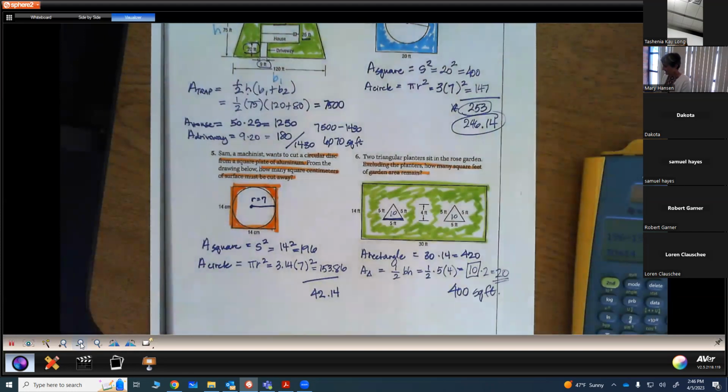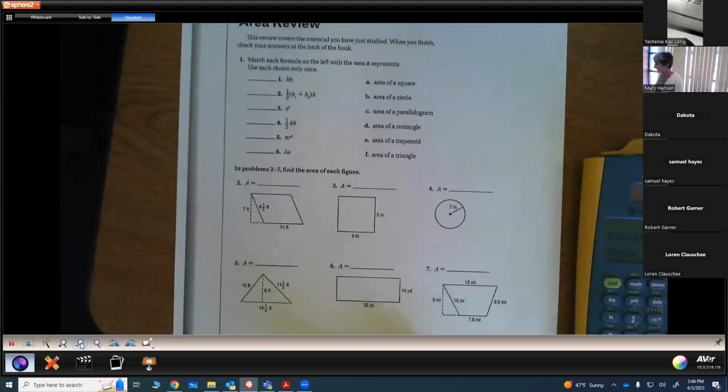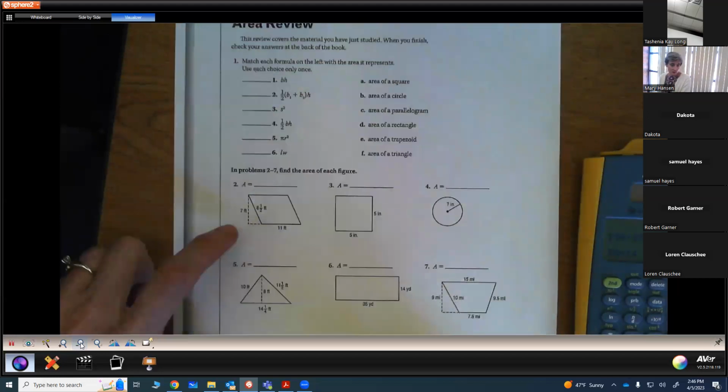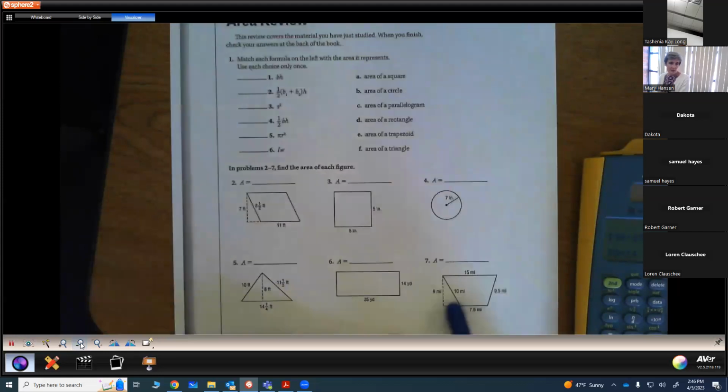Okay, we have about 15 minutes left. If you look at the next page, the next page is just kind of a summary review of the area formulas and actually simpler drawings than what you've been working on, but we haven't done much with the parallelogram. We've done a little bit with the triangle, and then we've got a trapezoid.